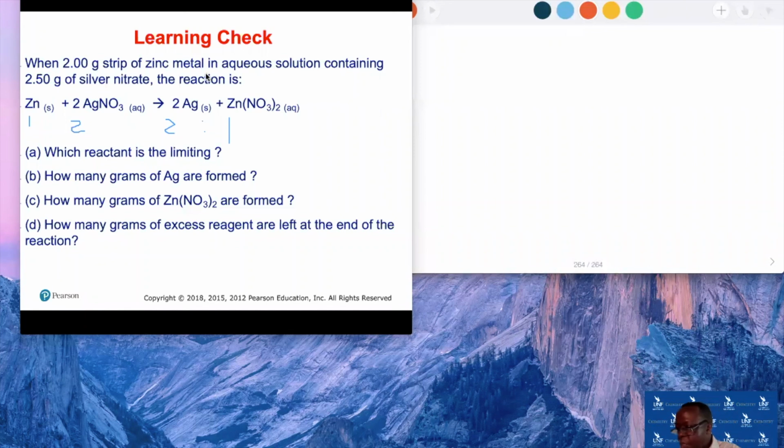Which one is the limiting reagent? This is how you will proceed. If zinc is the limiting reagent, how much silver will be produced?